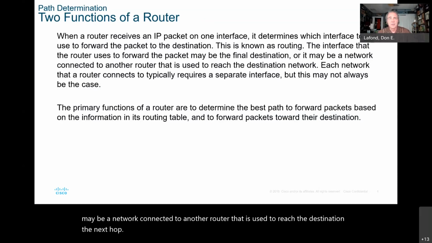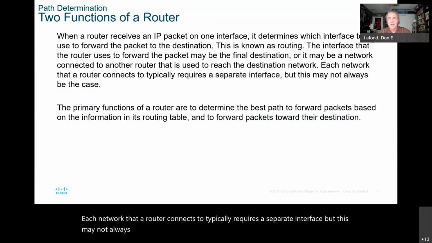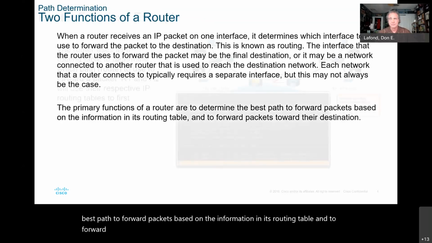Each network that a router connects to typically requires a separate interface, but this may not always be the case. The primary functions of a router are to determine the best path to forward packets based on the information in its routing table and to forward packets towards their destination.